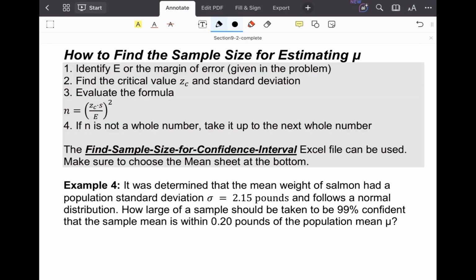One thing that's kind of weird with this, and I'm not particularly fond of, it uses a z critical value instead of a t critical value.